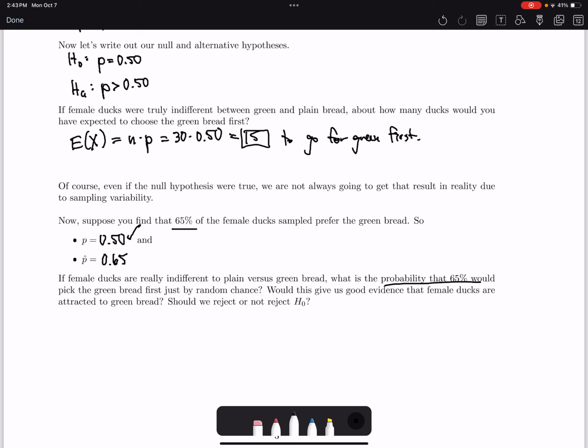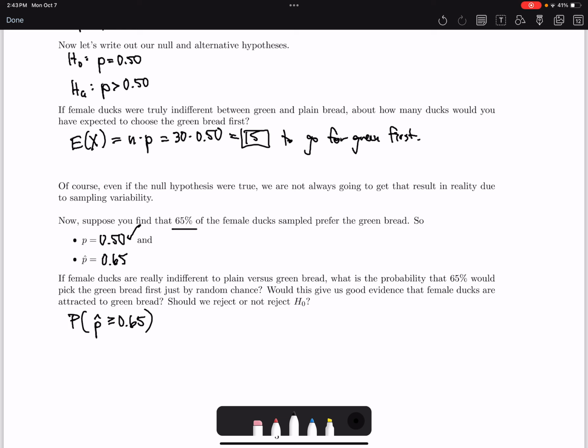Well, let's see. We are looking for the probability that we would get a sample proportion of at least 65%. We talked in the last chapter about how to compute probabilities involving the sample proportion.